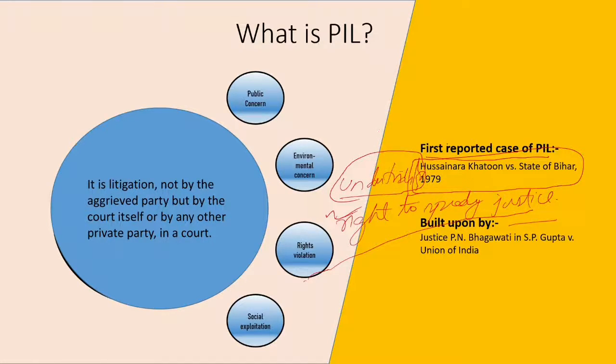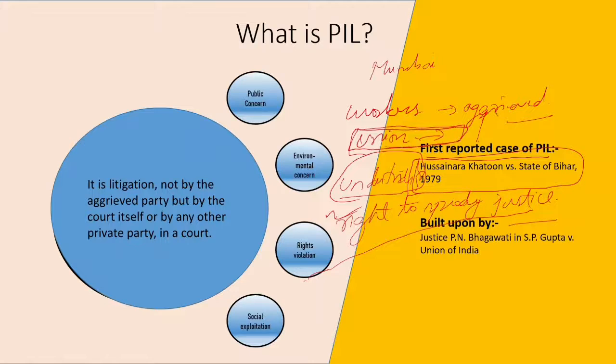However, before the Hussainara Khatoon case, there was a case in Mumbai. I think it was by the Mumbai Kamgar Sabha. So in that case, the workers were the aggrieved, but they didn't have enough resources to file the case against the merchant union. However, the workers union filed the case. Now, it was argued that the union is not the party to the case, it's the worker.